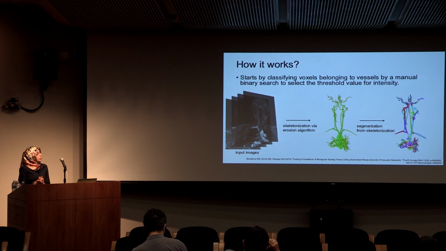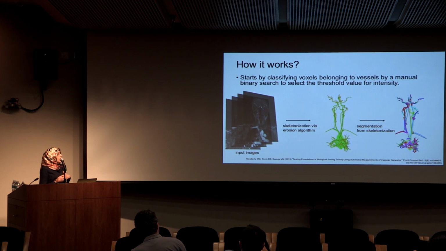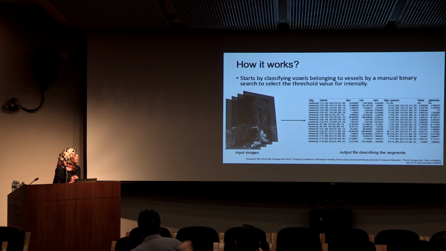At the end of the skeletonization, you have a big chunk of a vascular structure that is a largely connected component, and which also has some center lines there. Then after the skeletonization, the software does the segmentation to get the whole topology of the vascular network and also get some physical properties of the vasculature, like radius or length information of the vessels.